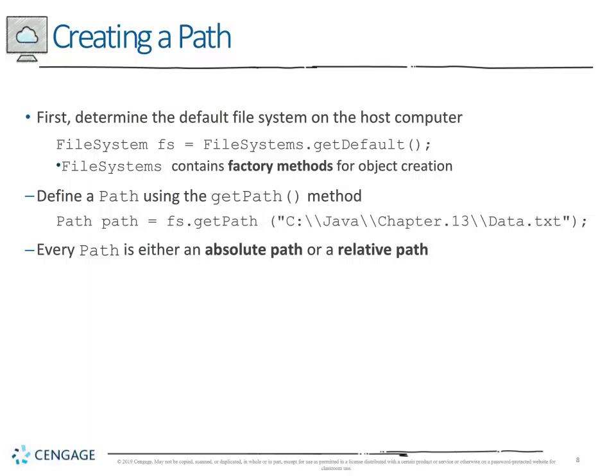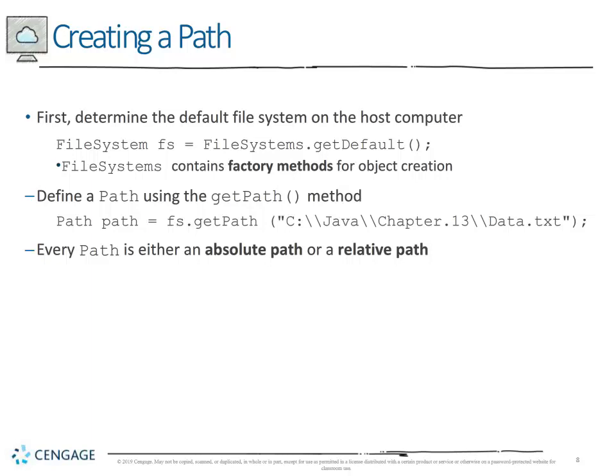The statement uses two different classes. The FileSystem class without an ending s is used to instantiate the object. FileSystems with an ending s is a class that contains a factory method, which assists in object creation.